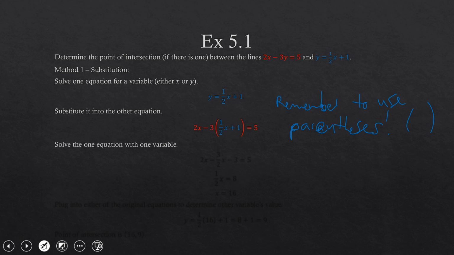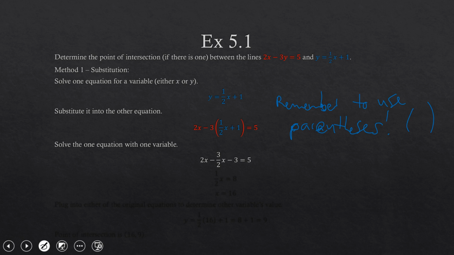So now we solve this one equation with one variable in it. It just has x in it and numbers. So to solve it, you can go through any number of ways to do it. I distributed the -3, and that gave us 2x minus 3/2 x minus 3 equals 5.